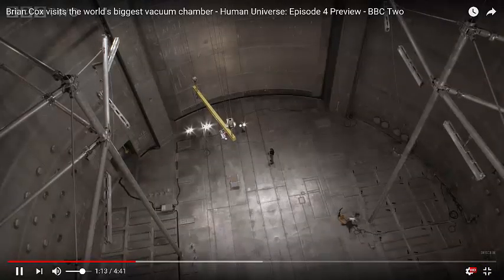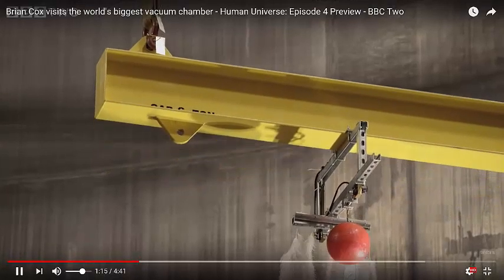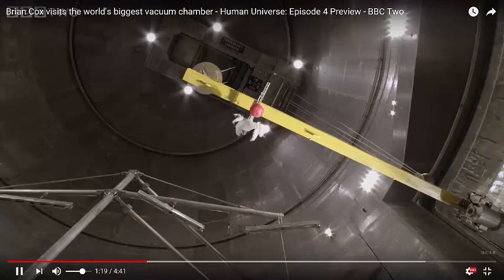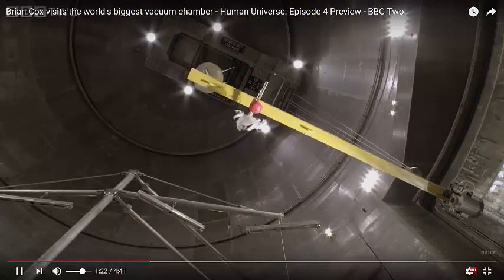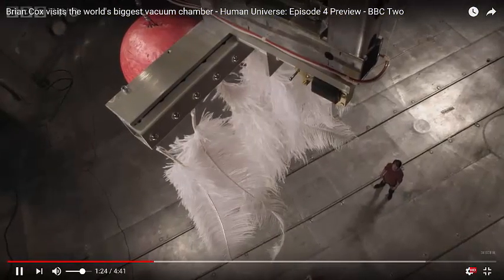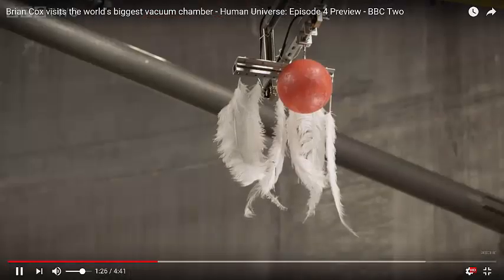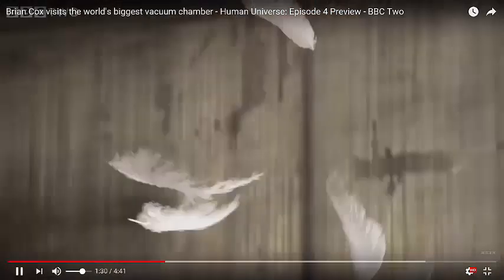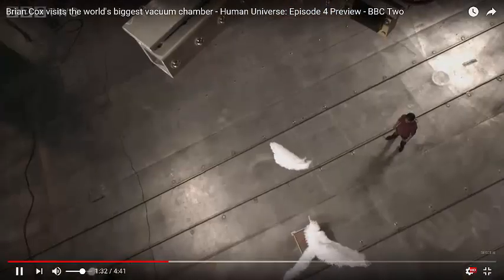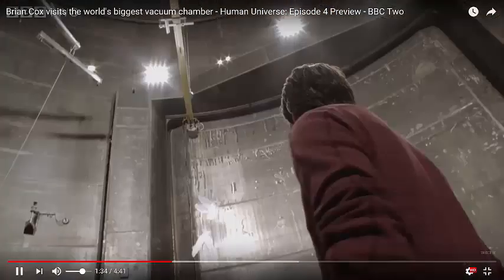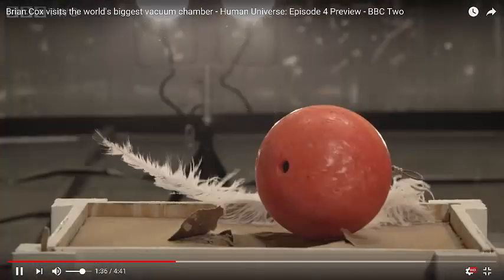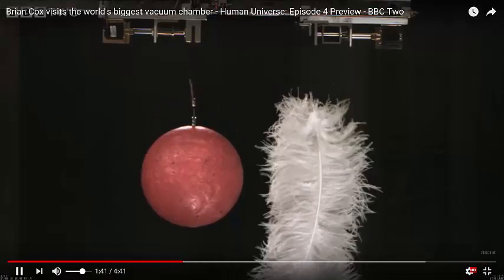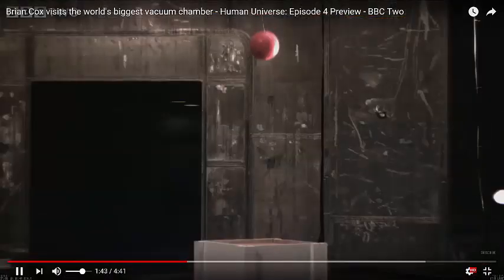Galileo's experiment was simple. He took a heavy object and a light one and dropped them at the same time to see which fell fastest. Now in this case, the feathers fell to the ground at a slower rate than the bowling ball because of air resistance.